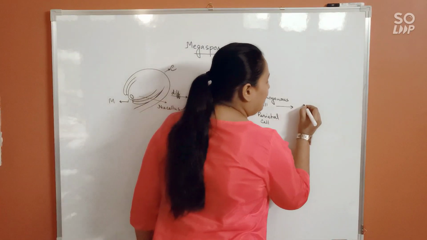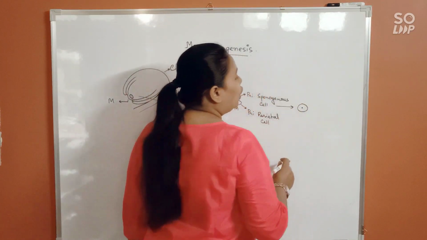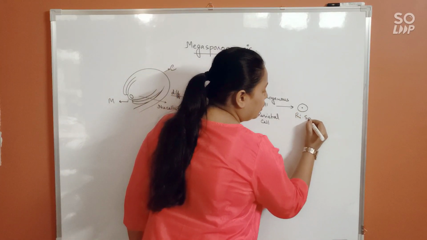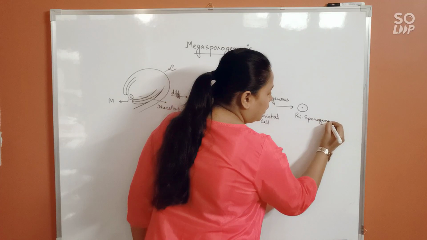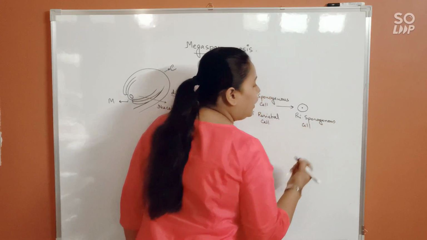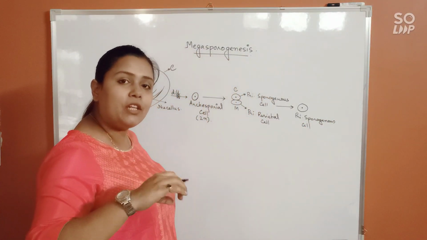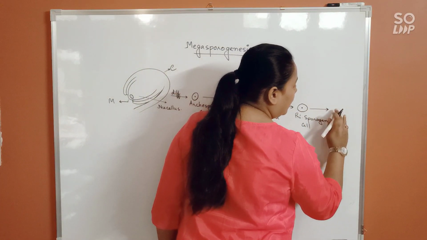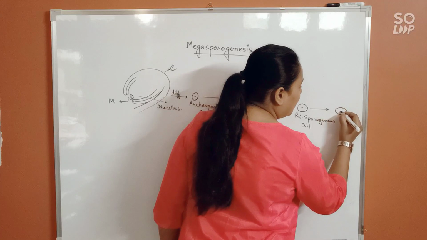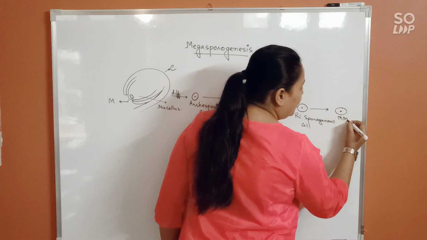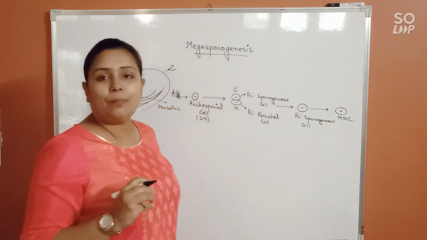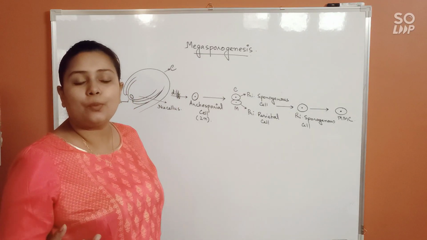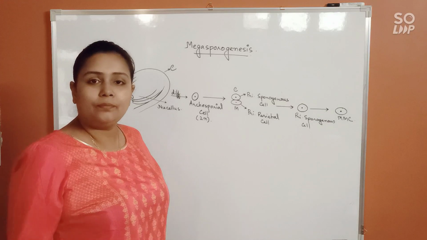So suppose this is the primary sporogenous cell, which will now directly develop into the megaspore mother cell. Like in microsporogenesis, you have learned that the sporogenous cell that will give rise to pollen grains is the pollen mother cell, isn't it?